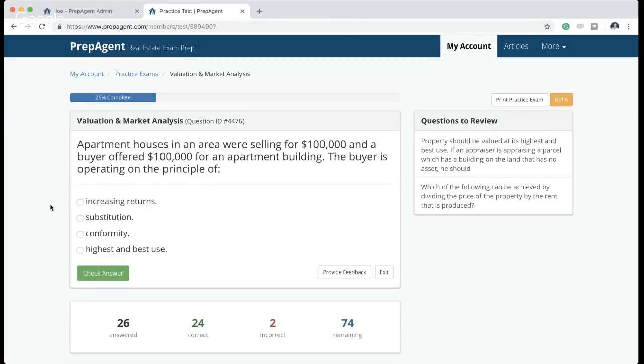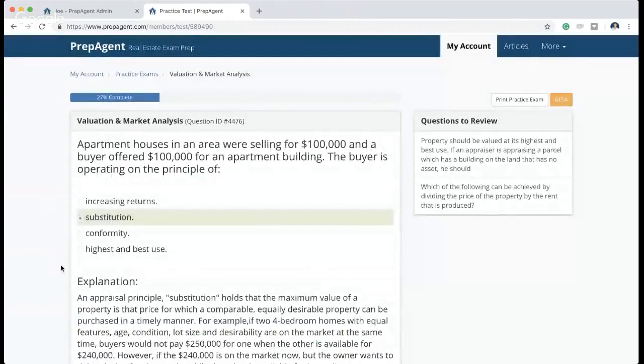The buyer is operating on the principle of A, increased returns, B, substitution, C, conformity, or D, highest and best use. B, substitution.